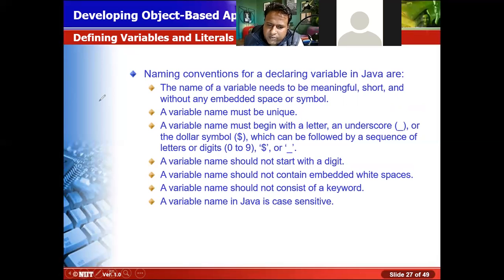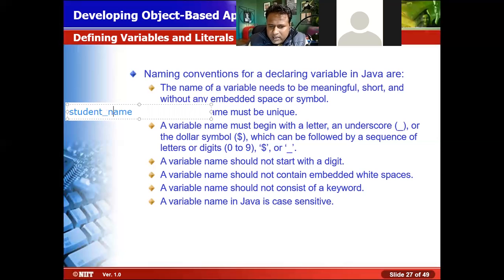Suppose I define student name, and you define it as student space name, it is wrong. While defining a variable, space is not applicable. If space is required, you have to use an underscore here.